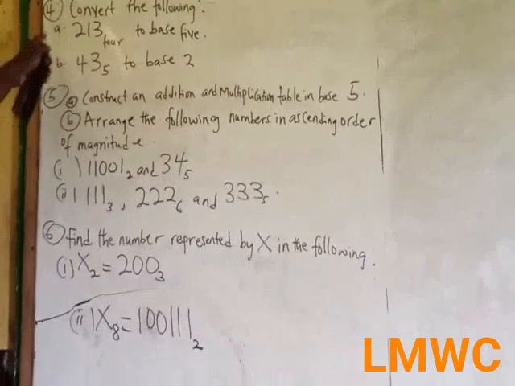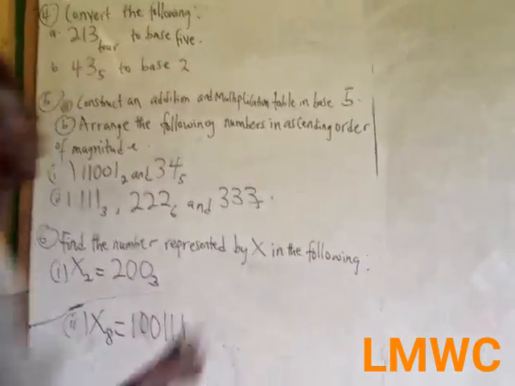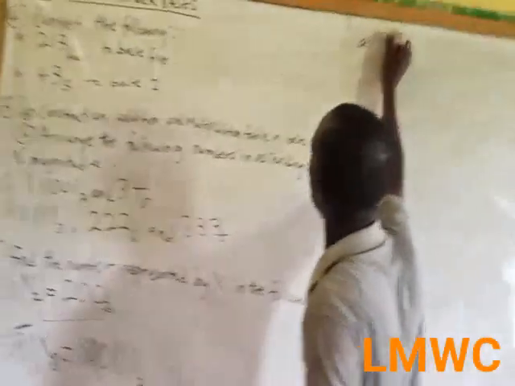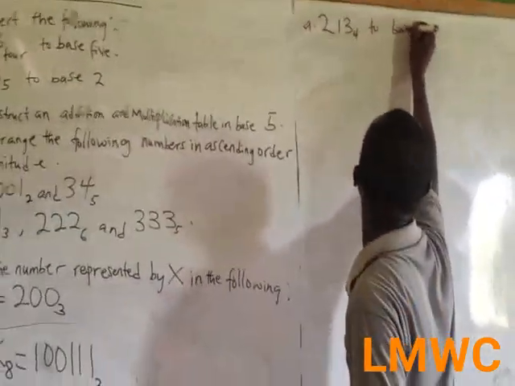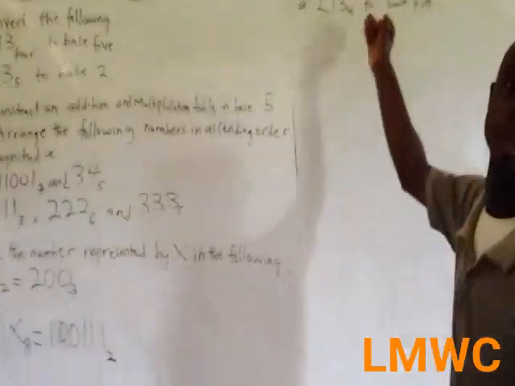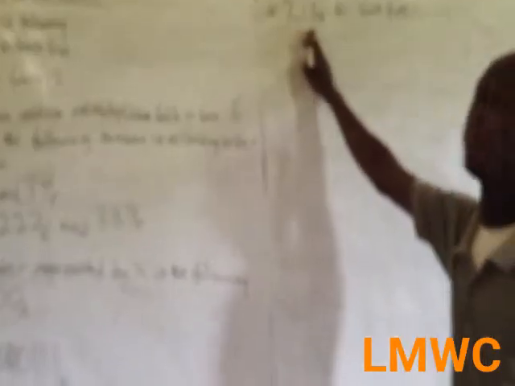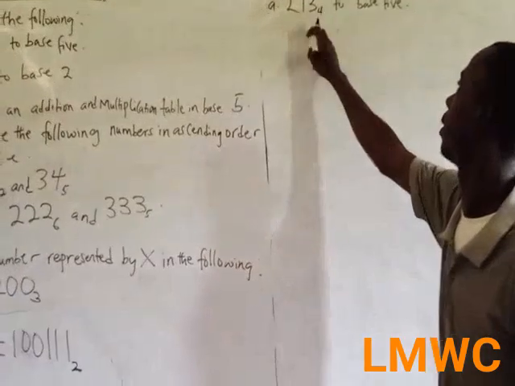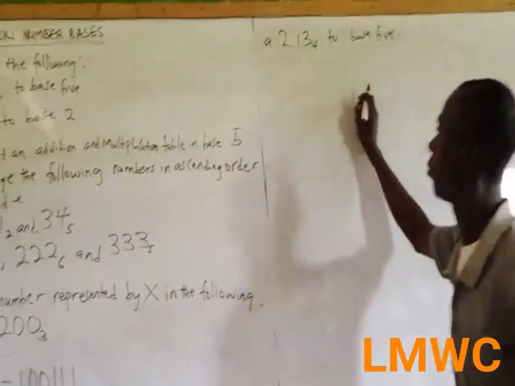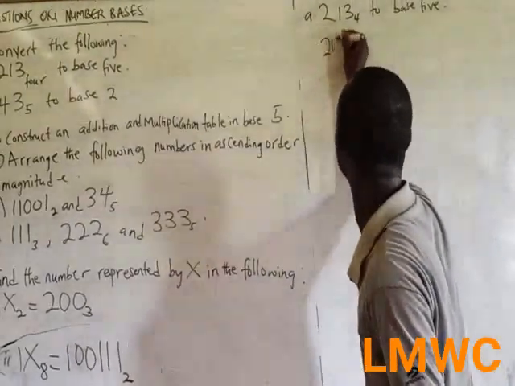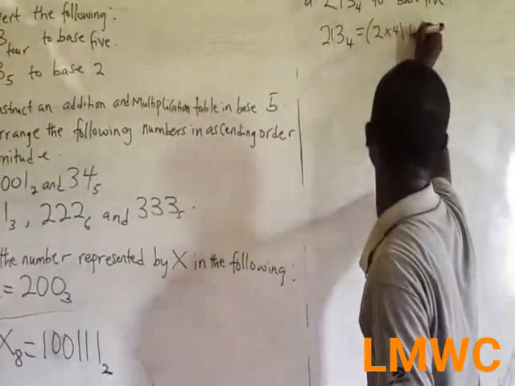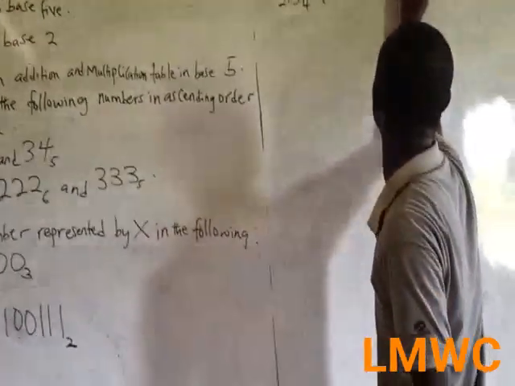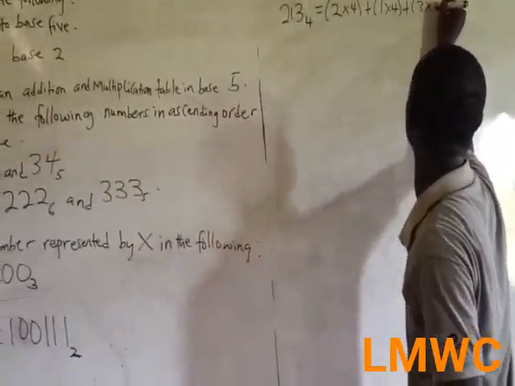4a. Compare the following. So you are given 213 base 4 to base 5. So always, when you are given this question, you convert the first base to base 10. After that, you change it to base 5. So 213 base 4 becomes 2 times 4 plus 1 times 4 plus 3 times 4.